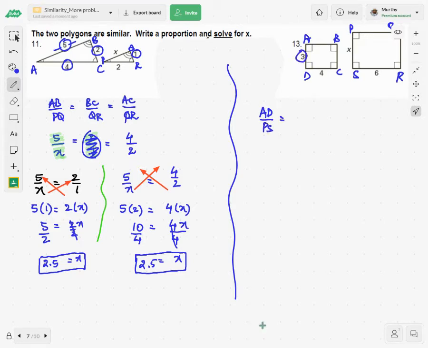You can see that the corresponding sides AD, which is 3 units, PS is x, and CD over the corresponding side is 6 units, which is SR. Therefore, it is 4 over 6. I said that I want you to do it, but I'm continuing. Think for a moment, do the calculations, and work out the answer.